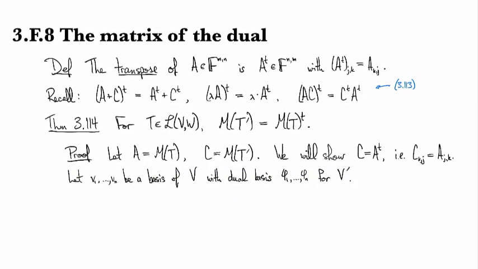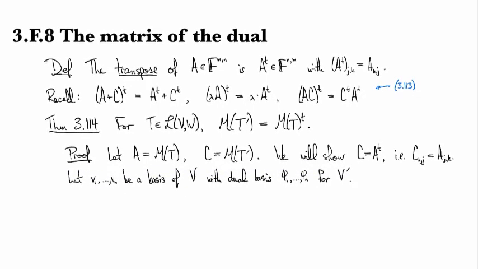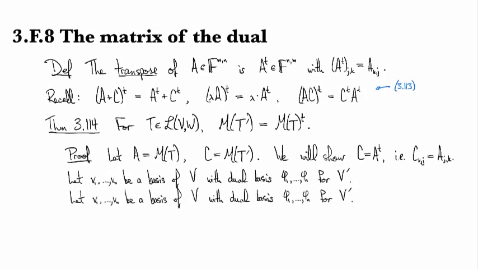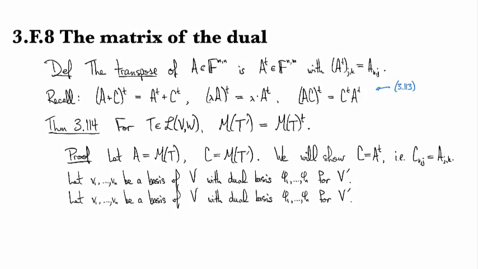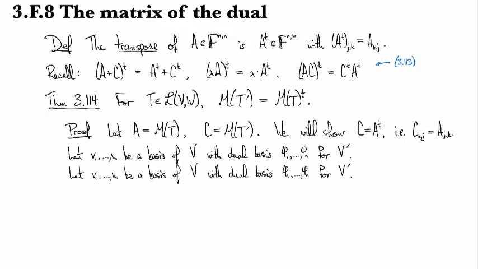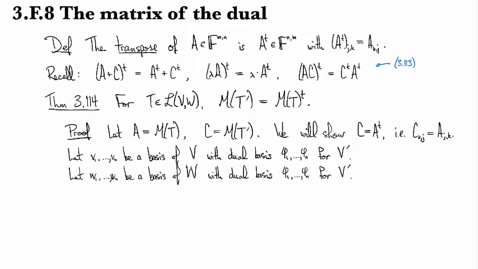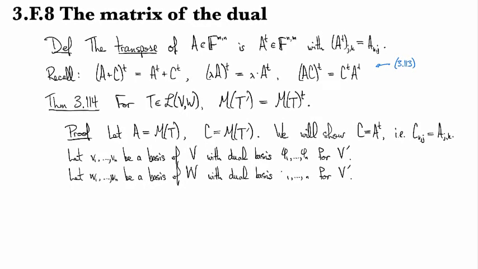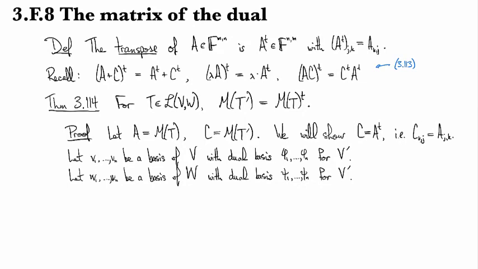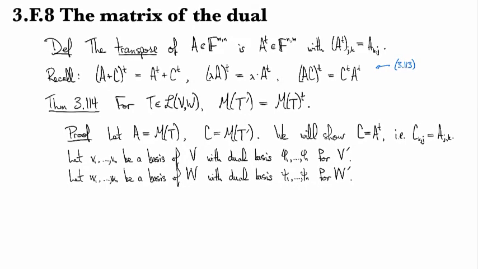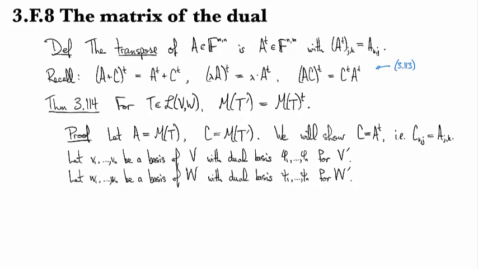And then I'm going to take that whole thing and duplicate it so that we get some w's, which are going to be our basis of W, and then a dual basis of psi's for W prime. How's that for lazy? Okay.